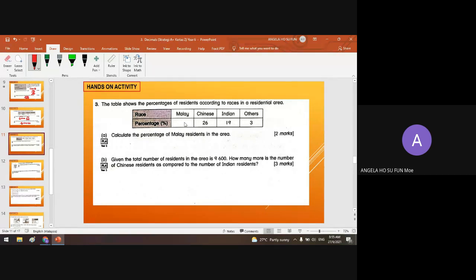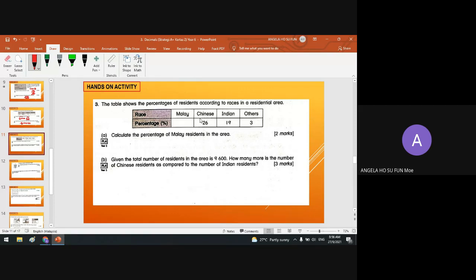Is it 75%? How about the rest of your friends? 52. Okay, who are you? Eva. Okay, what is your answer? 52. You said 52% for 3A? Yes. Okay, let's look at whose answer is more correct, okay?